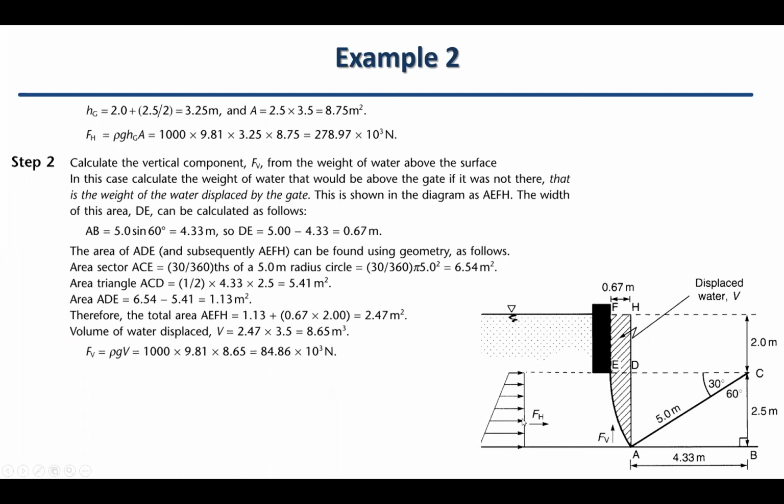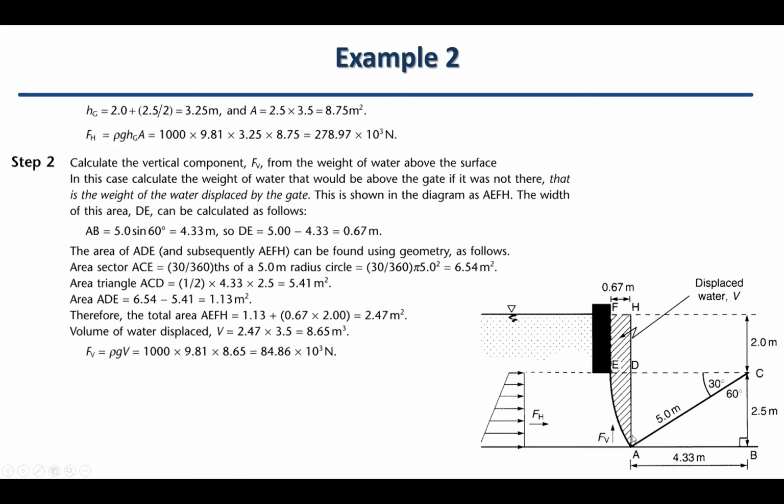Then we need the area of the triangle ACD. It's not very difficult. It's half of the base times the height. So half times 4.33 times 2.5 is equal to 5.41 square meters.